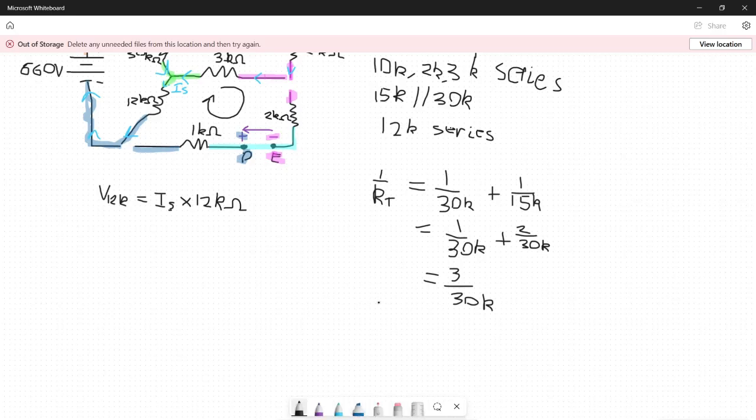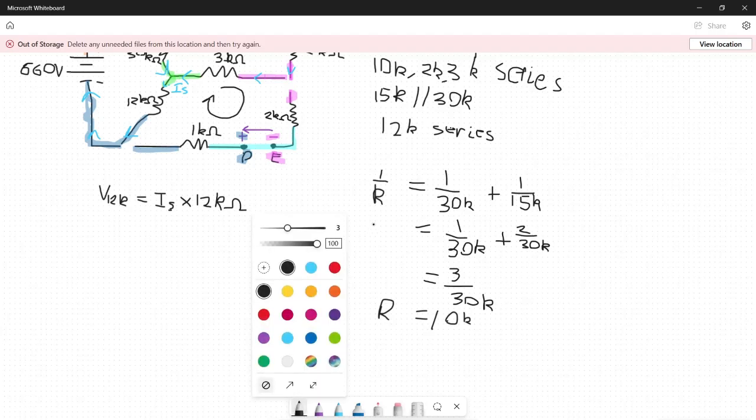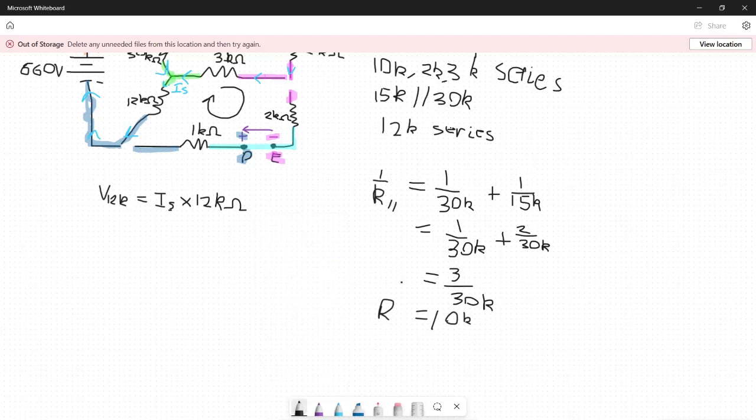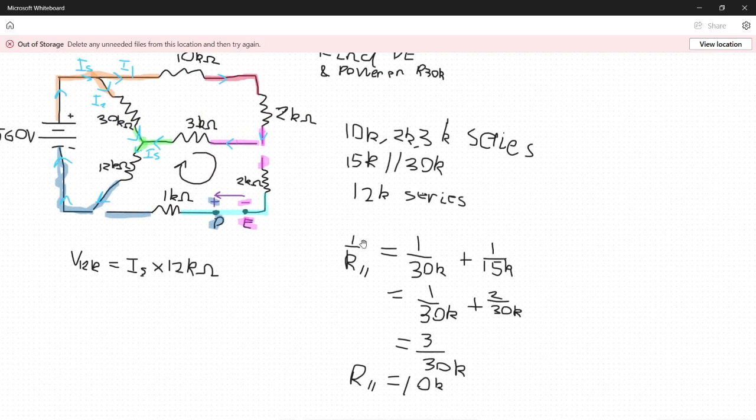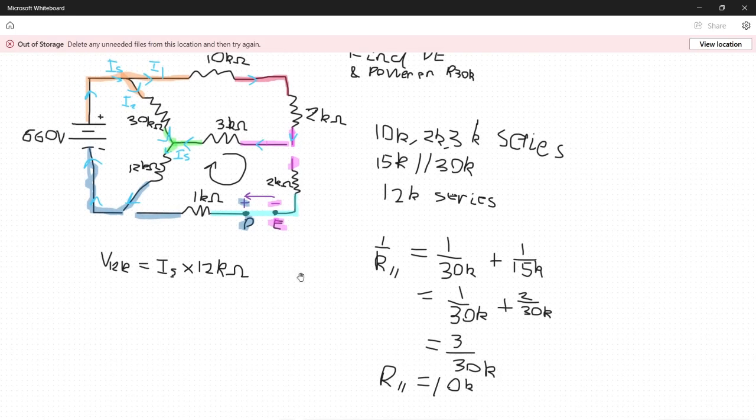And if we invert the RT, we'll get 10 kilo ohms. Oh, sorry, this is not RT. My bad, my bad. This is R parallel. Be careful. These mistakes can cost you sometimes. So always check your work. So you see, this is my parallel circuit.